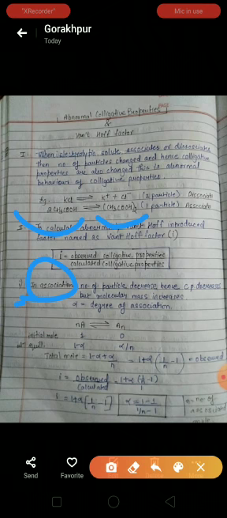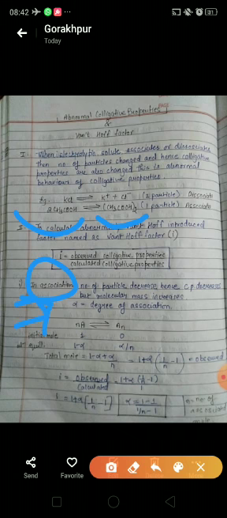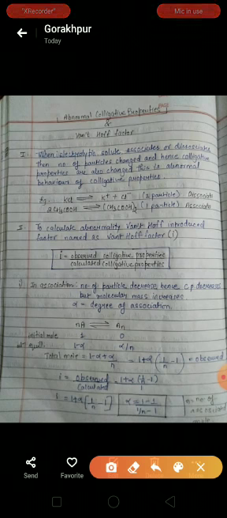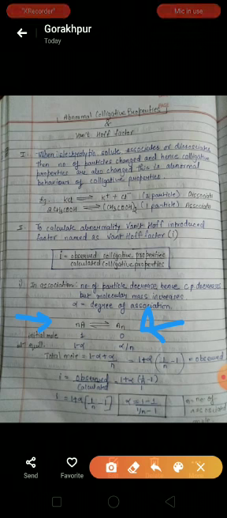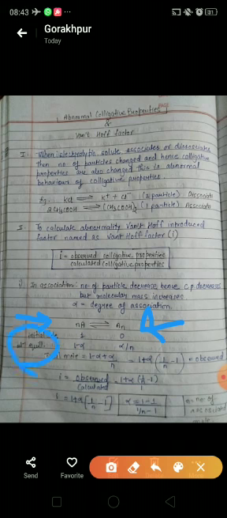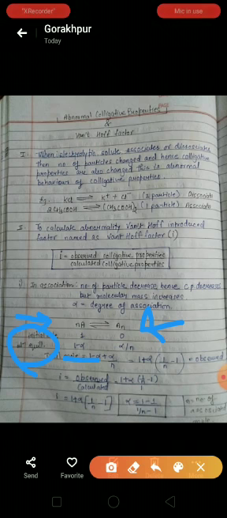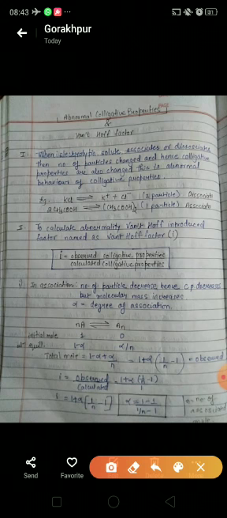Let us suppose alpha is the degree of association and take a general equation, that is n A forming A_n type of molecule. Taking initial moles, A is 1 and A_n is 0. But at equilibrium, 1 minus alpha, and alpha by n. So we add both the moles.